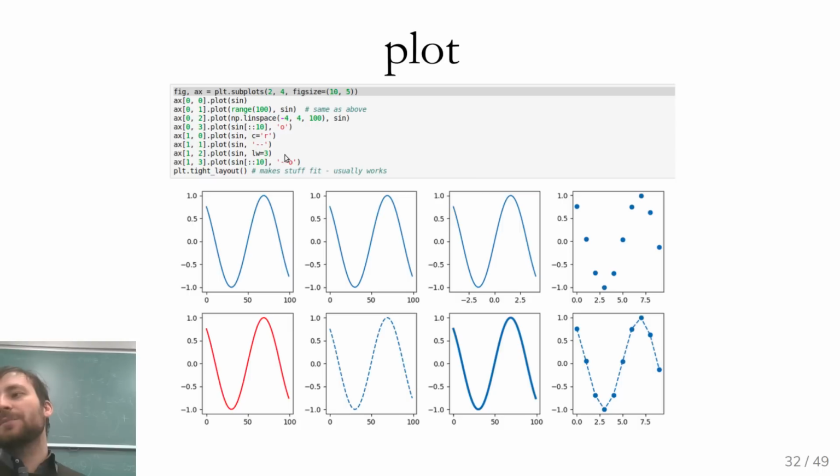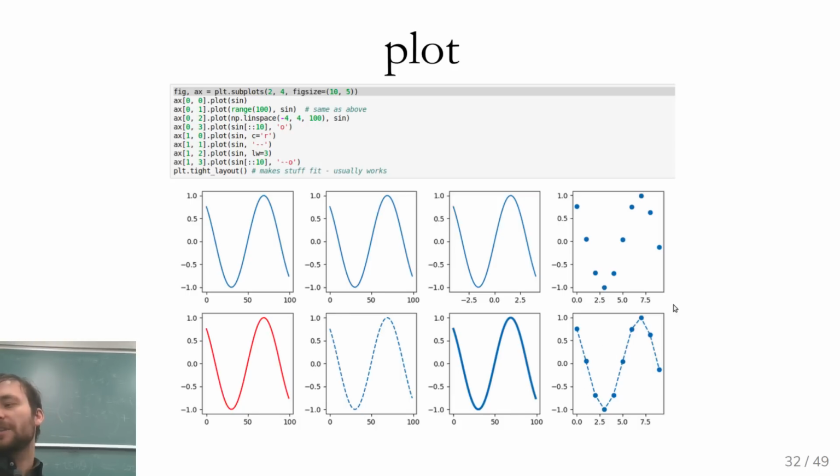This is a very simple way to change the line style. You can also use c for color and lw for line width, and all of these are useful. If you just do dash o, it does a line, but it also marks where the points are. Sometimes if you have a plot like this, it's good to know where the points are.